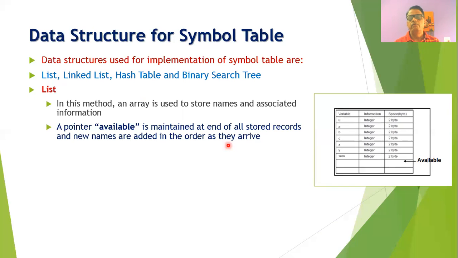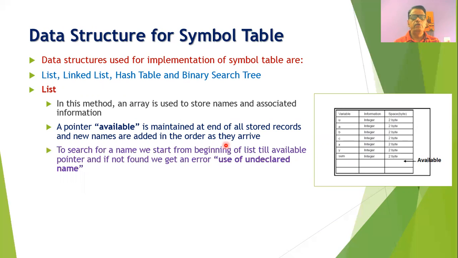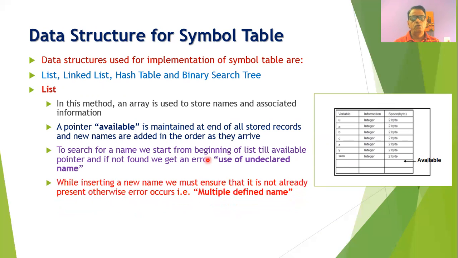And whenever we want to add any new name in this array, then it can be added at the position pointed by the pointer available. To search a name, we need to start from the beginning, and many times we need to compare all the names in order to search a given name. So while inserting the new name, we must ensure that it is not already there. Otherwise, an error will occur, that is, the multiple defined name error will occur.